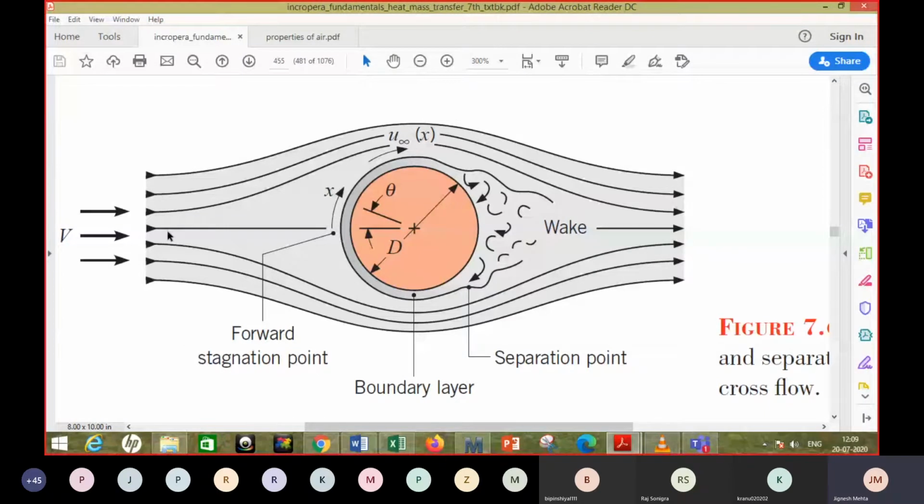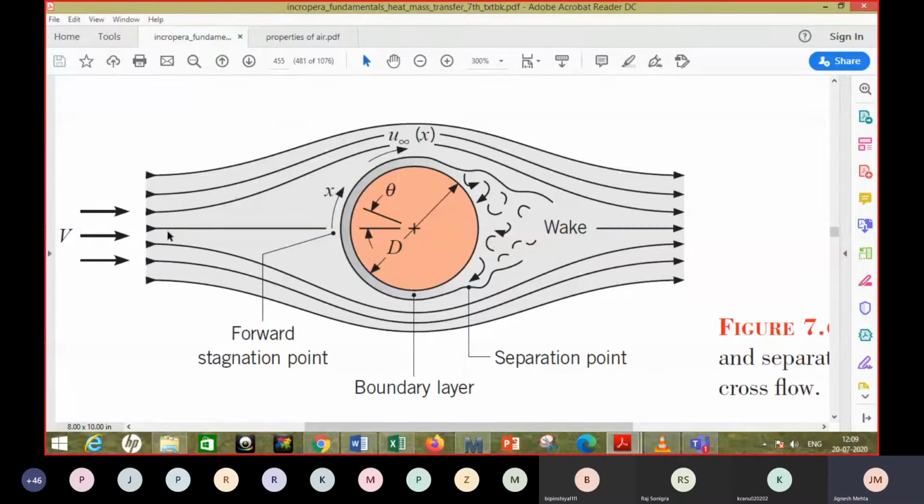That is basically a lab demonstration of flow over a cylinder, and it is quite nicely prepared, so it is worth watching, and it will help you understand this better.